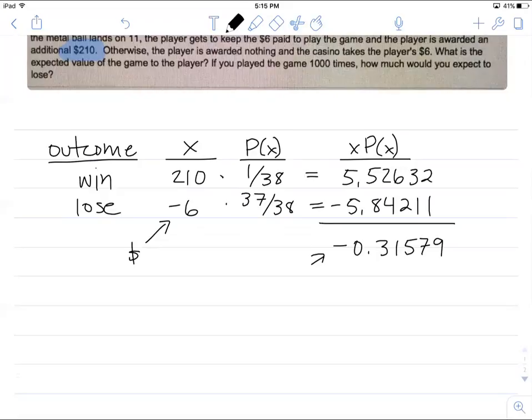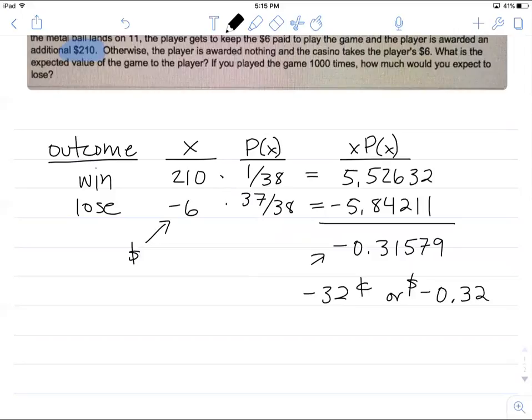The expected value of the game to the player would then be, if I round it to the nearest cent, -32 cents. Or if you had to enter it as a dollar value, you would put it in as -0.32, depending on how the question was asking you to format your answer.